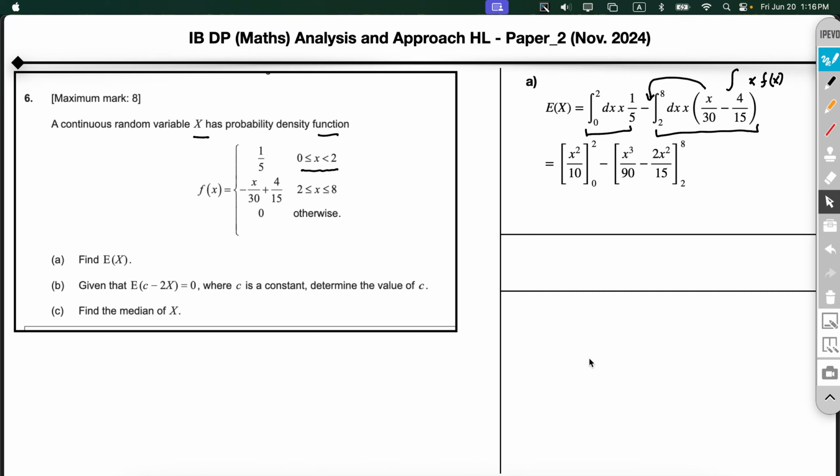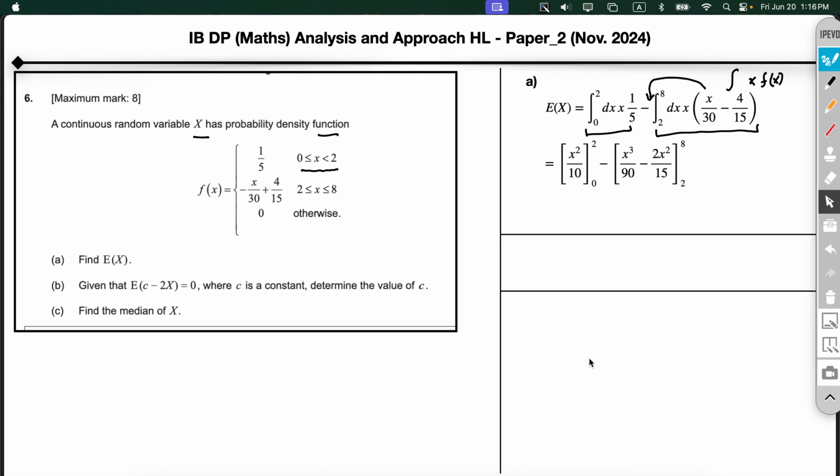Now in part C, we have to find the median. So median is the value of the random variable such that up to that value, if you integrate the probability density function, you'll get half. So since our domain of the random variable is divided into two distinct parts, let us calculate over the first domain what the total probability is.